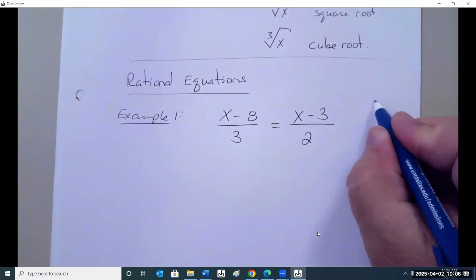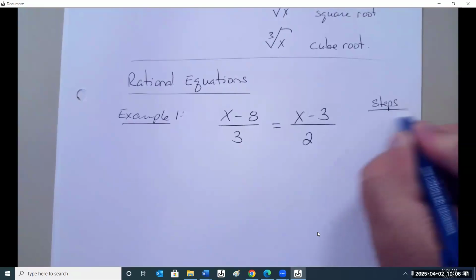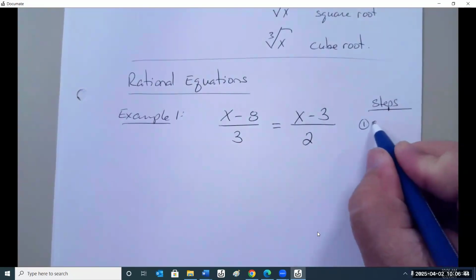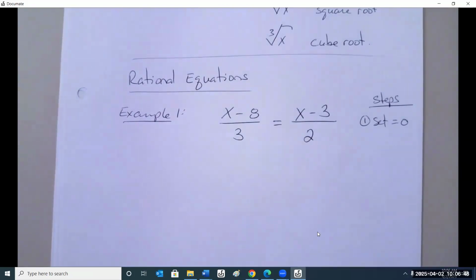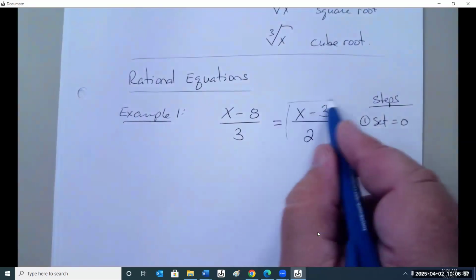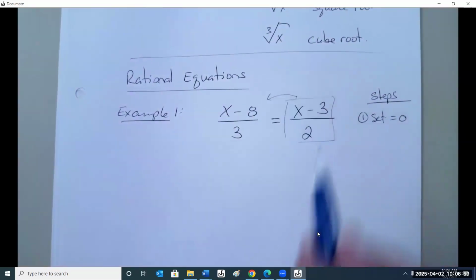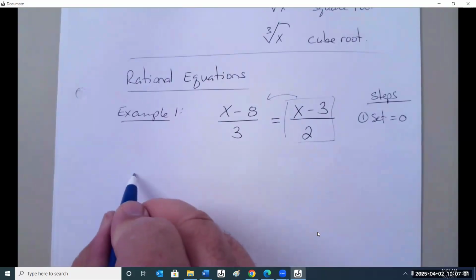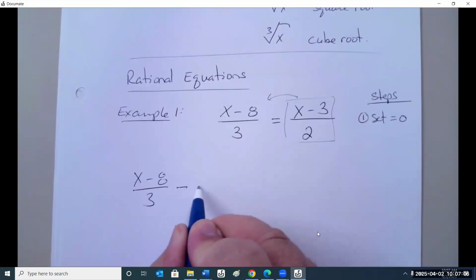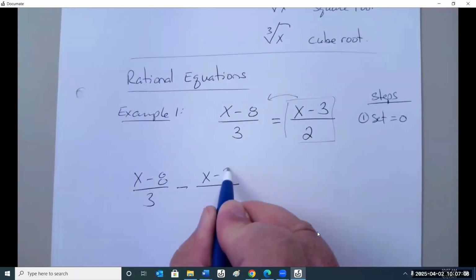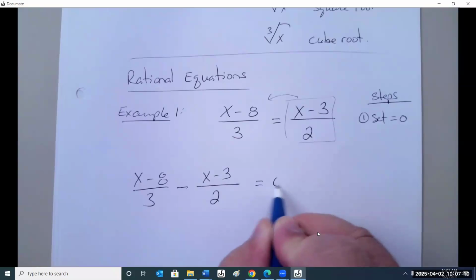Here are your steps. Set equal to 0, because these are polynomials. So the first thing we have to do is move one of these numbers from one side to the other. So we subtract x minus 3 over 2 from both sides.